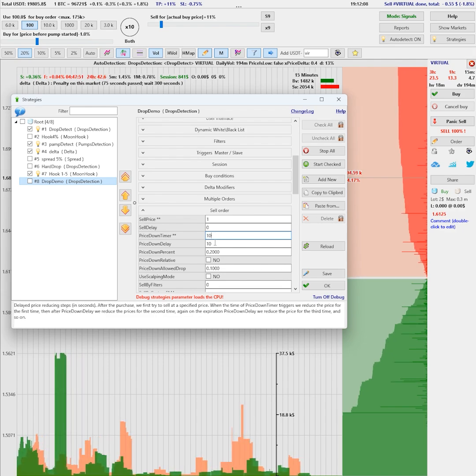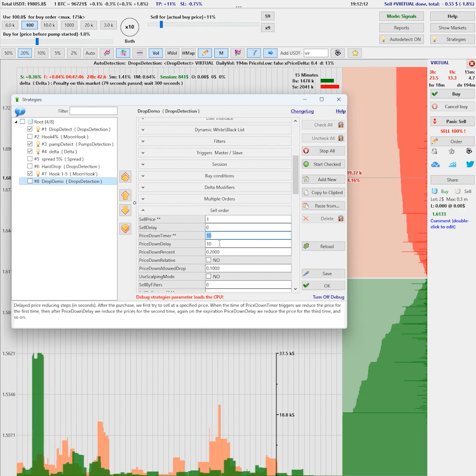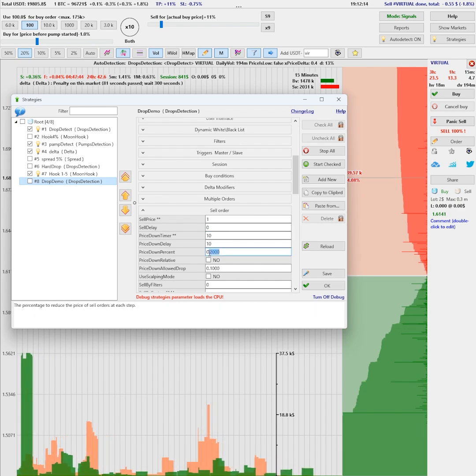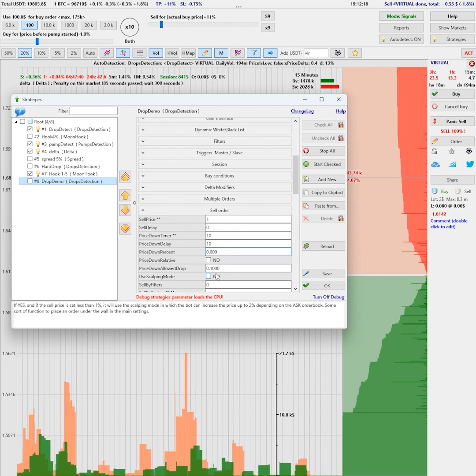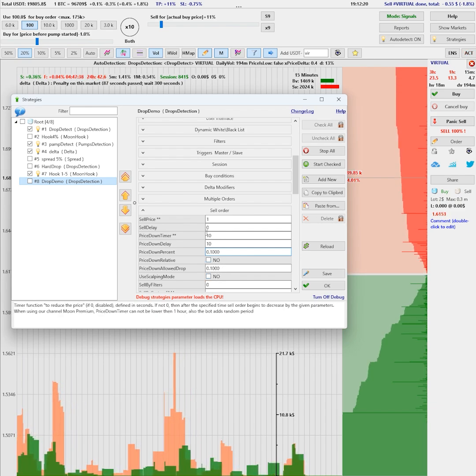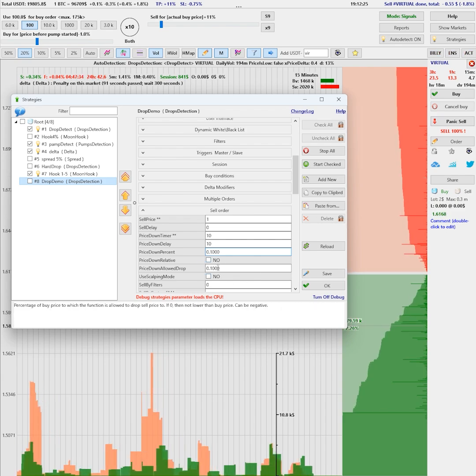So let's keep these two at 10. So after 10 seconds, this will start moving the sell price down. Sell price down percent will do at, let's do 0.1. Again, you don't have to set this up, it's just for demo purposes.